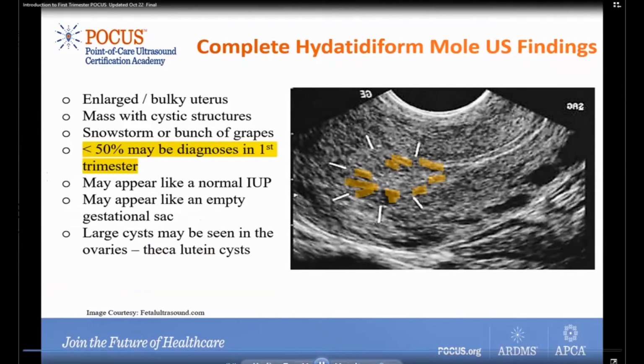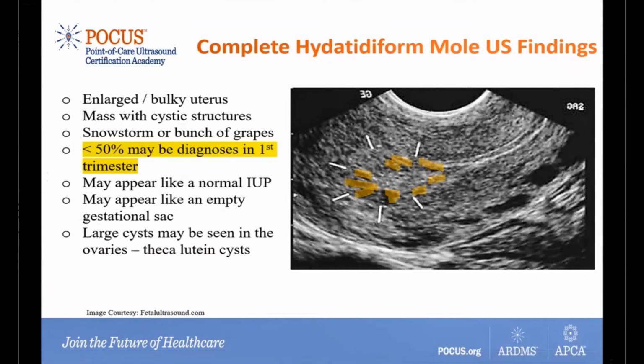But we don't see any evidence of gestational sac or a fetus or yolk sac. And keep in mind that this is a difficult diagnosis, and less than 50% may be diagnosed during the first trimester. And it may appear like intrauterine pregnancy sometimes, but if you look carefully, you notice that really there is no evidence of these structures.